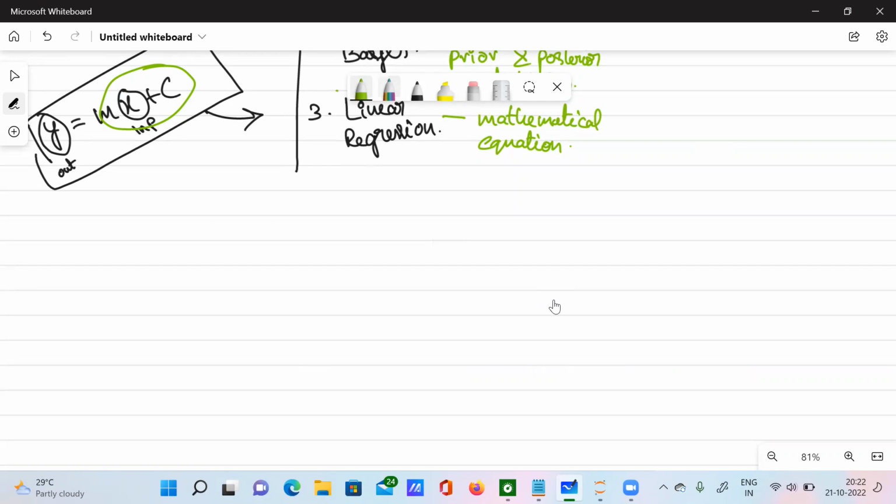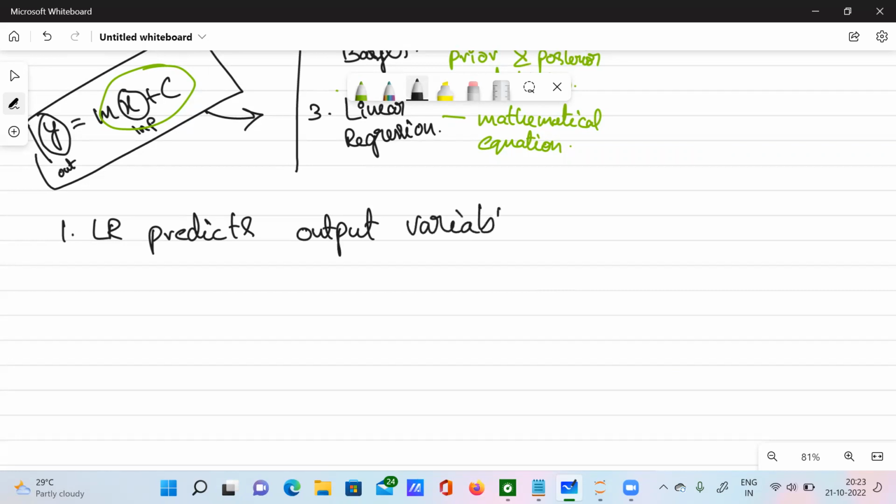But before that, I just want to say a few things. Linear regression will always predict the output variable in a real number form.